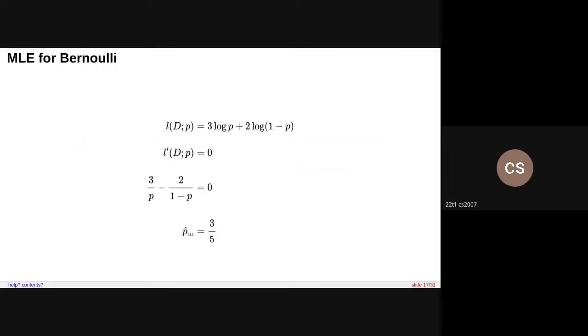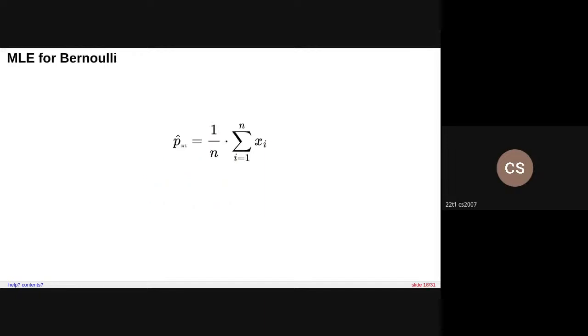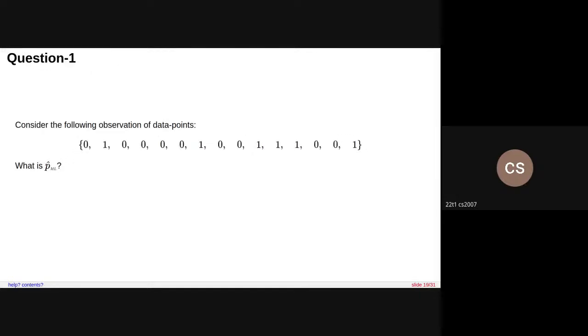I hope all of you did this exercise because it is important that you learn to do this. You end up with the maximum likelihood estimate being 3 by 5. In general, it is 1 by n times sigma xi, which is just the mean of the sample. That is the maximum likelihood estimate for the Bernoulli distribution.